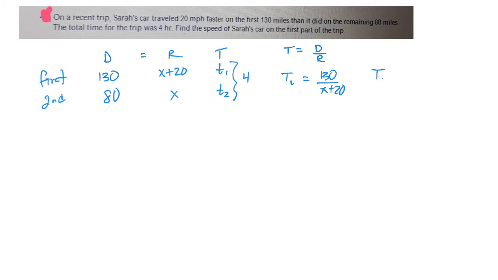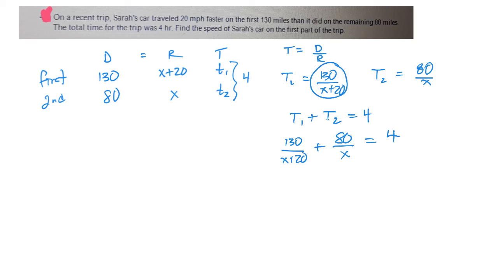And the time for the second one would be 80 divided by x. But time 1 plus time 2 is equal to 4. So I can plug this in for time 1: 130 over x plus 20 plus 80 over x is equal to 4. Now I've got an equation with just one variable that I can solve for.